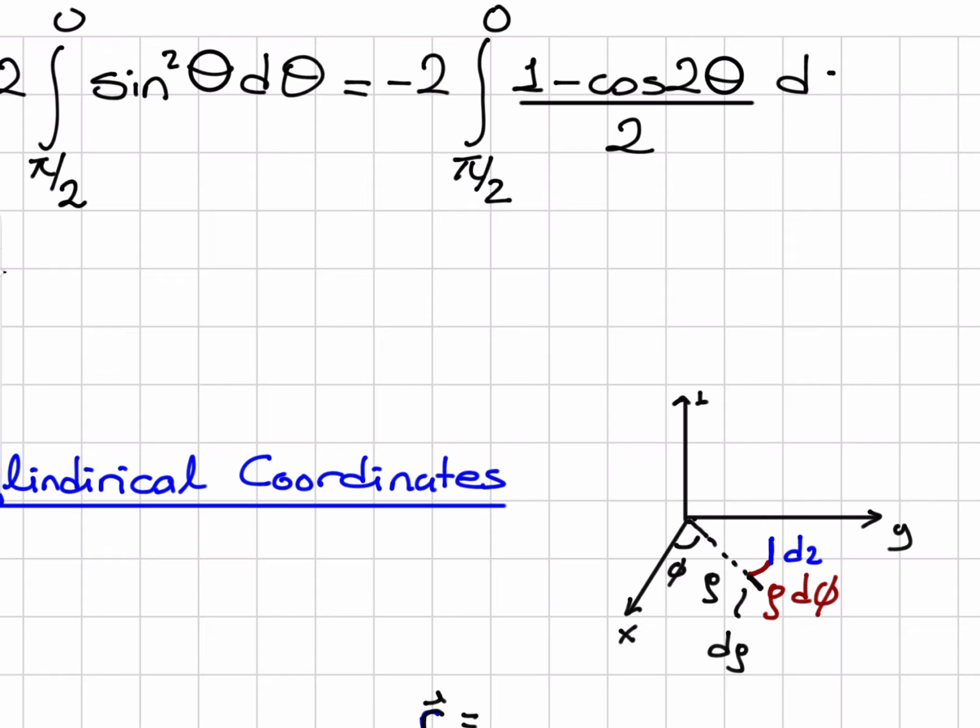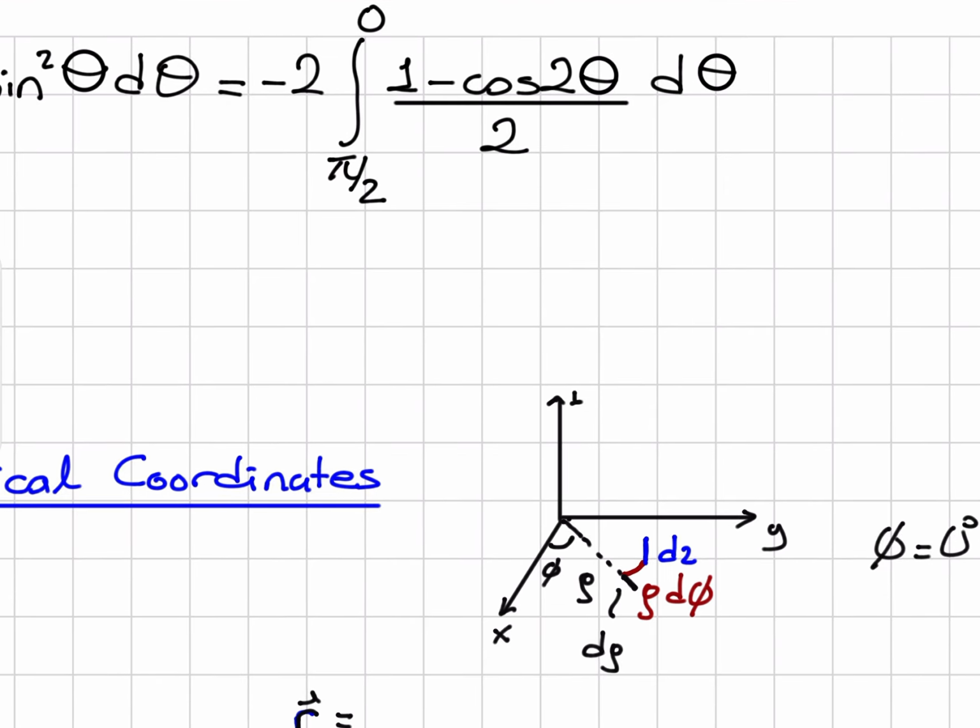Cosine 2 theta, remember, is 1 minus 2 sine squared theta. So 1 minus 2 sine squared theta, the 1's will cancel, minus will become plus, the 2's will cancel, so I will obtain sine squared theta. Okay, and now you can see that these 2's will cancel, minus 2 and plus 2.